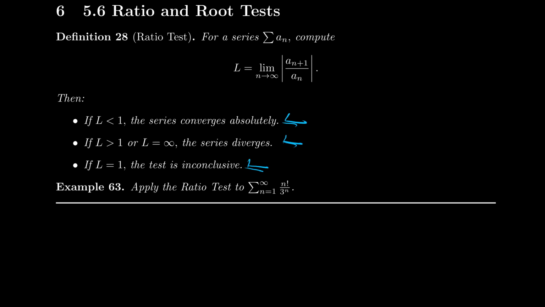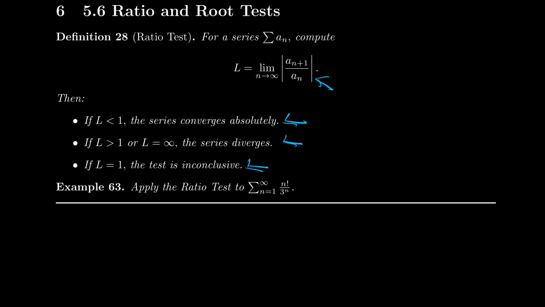If you get 1 out, you're up the creek. If you get that L is less than 1, then it converges absolutely. It converges absolutely because it converges and there's absolute values involved. That's all that means. By the way, if something converges absolutely, then it converges. So figuring out that something converges inside absolute value means that it also converges, period.